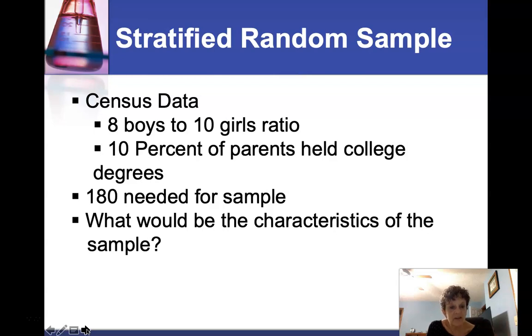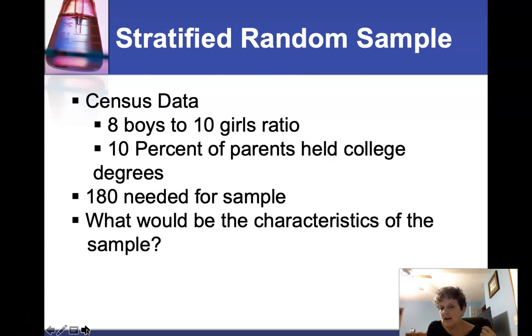That's your ratio. Everybody remembers ratios from math. So that's 8 to 10. 10% of the entire population held college degrees. We need 180 people or 180 participants for the sample.